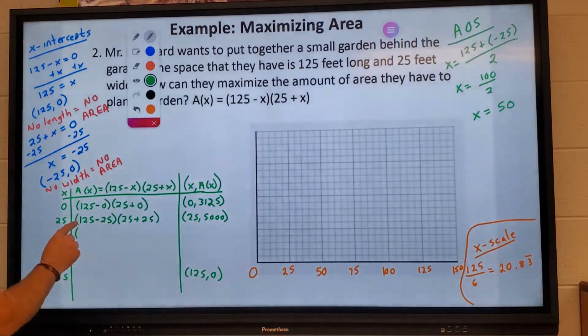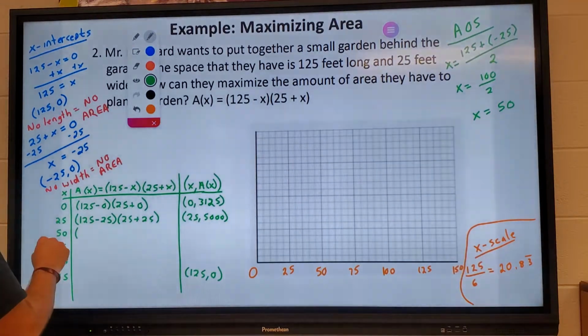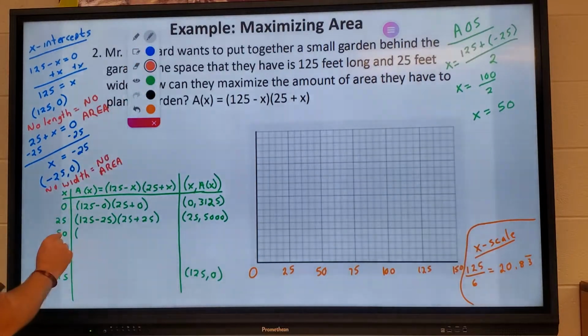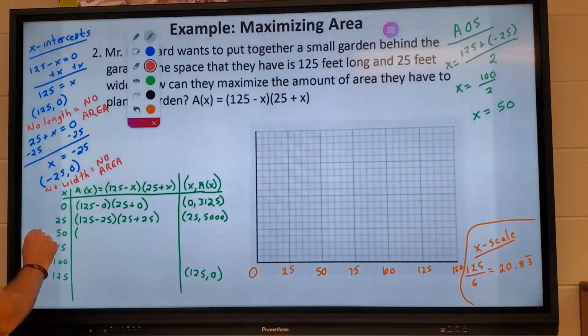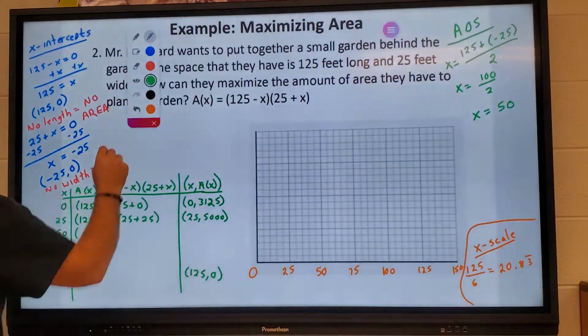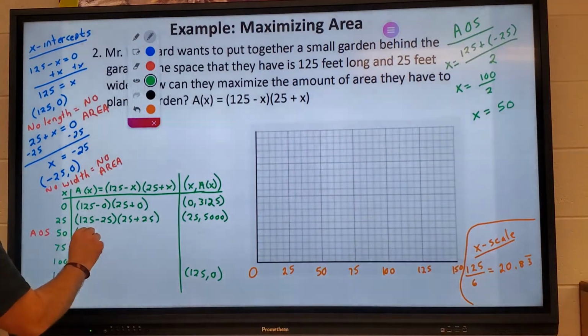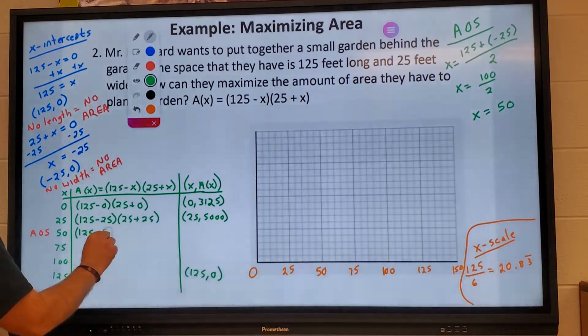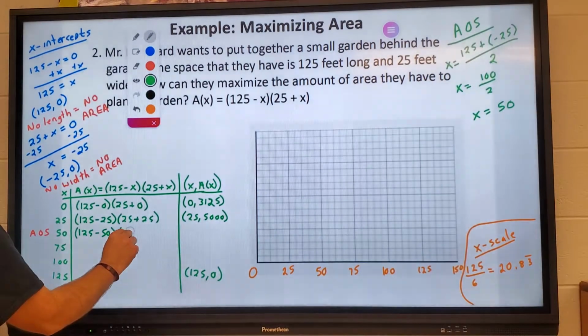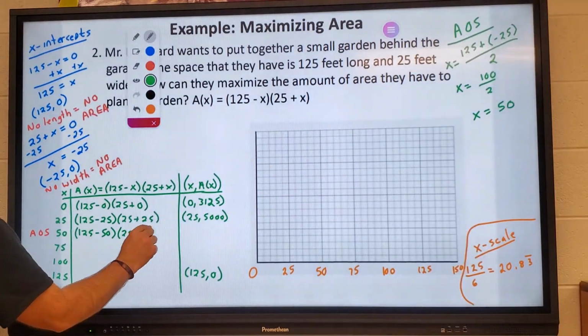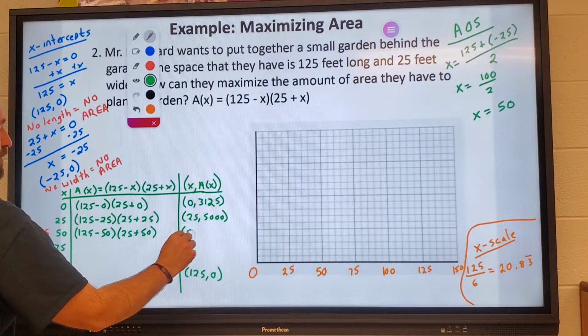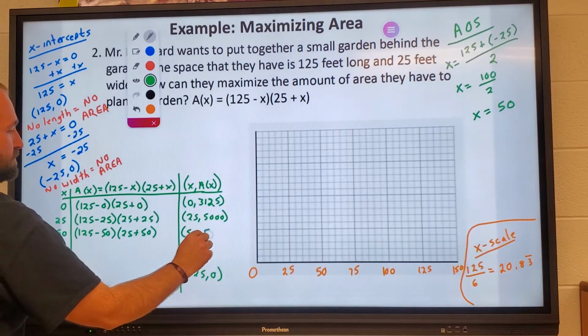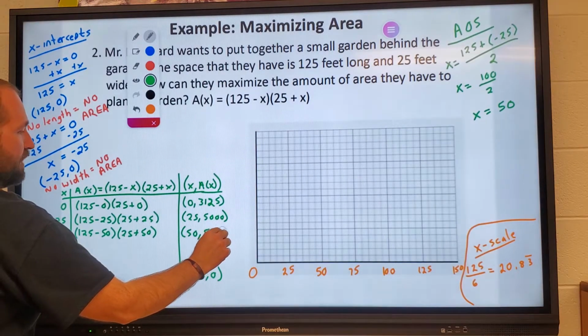When I plug in 50, again, this is my axis of symmetry. Okay, so I'm going to note that next to this. This is my AOS. I have 125 minus 50 times 25 plus 50. And that's going to give me the ordered pair 50 comma 5,625.